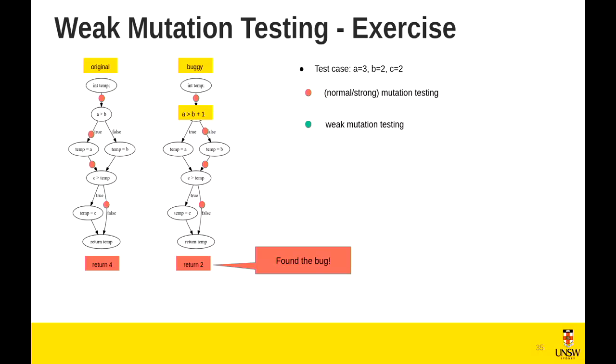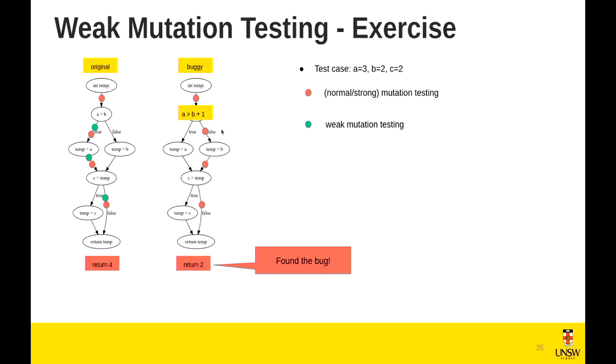And if we do a weak mutation testing, although this is not injecting multiple bugs, let's just follow the workflow of weak mutation testing in the previous slide. We also need to execute the test case with the original program, and we will go through exactly the same path here because we are using the same test case.